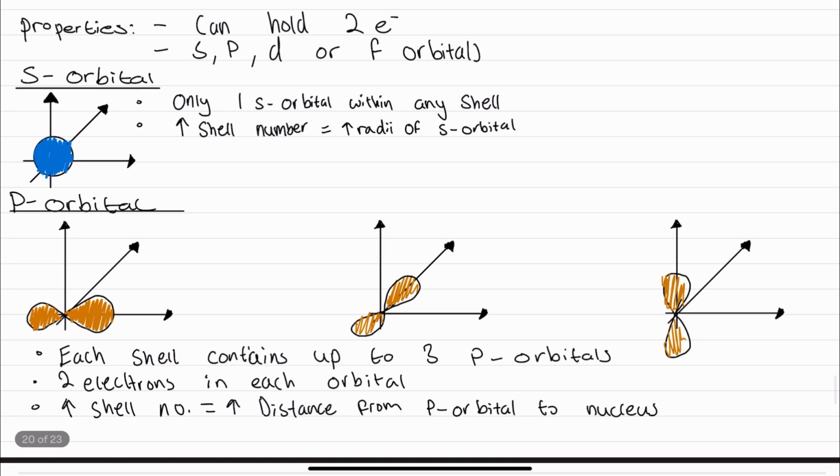So now we've said that there's only one s orbital in every shell. We've said that there can be up to 3 p orbitals within a shell. However, the main distinction is that the p orbital is not located in the first shell. The first shell only contains the s orbital.